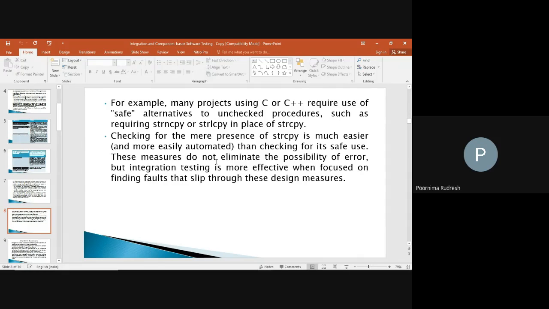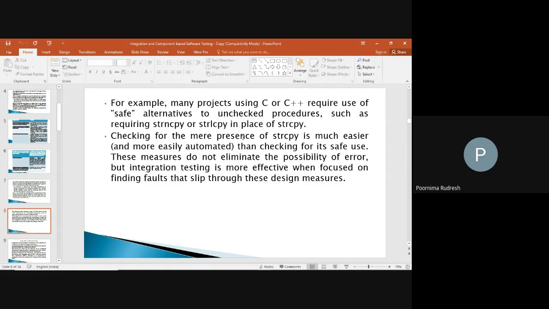And one more is with the mismatch, right? In C or C++, we are required to use the safe alternatives of unchecked procedures, such as strlcpy, a string length copy, in place of strcpy. So in place of string copy, if we are using strlcpy or strncpy, then we have to check the safeness of using that particular function.